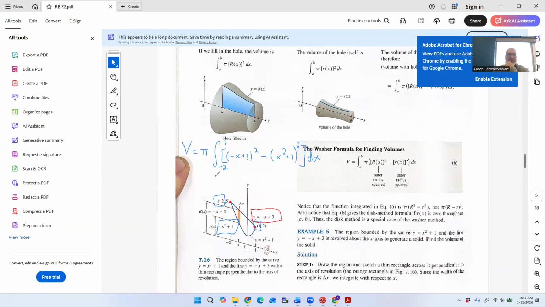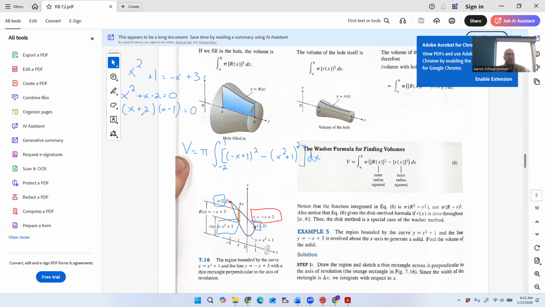So look at my x coordinates on my bounds of the intersections. You can find those by setting them equal. If I solve this, I get x squared plus x minus 2 equals 0. x plus 2, x minus 1.